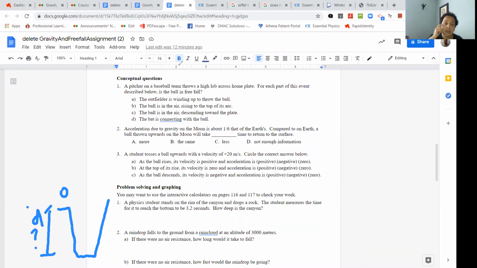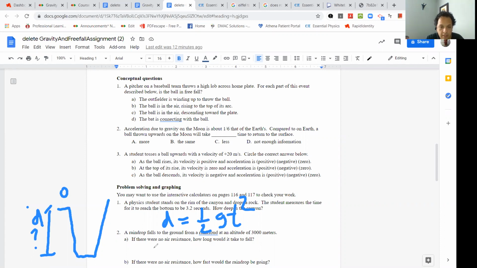How deep is that canyon? Well, we know time, we know gravity. So the distance is 1/2 g t squared. So this is just like the other problems. Do the guess method, right, and get what d is.